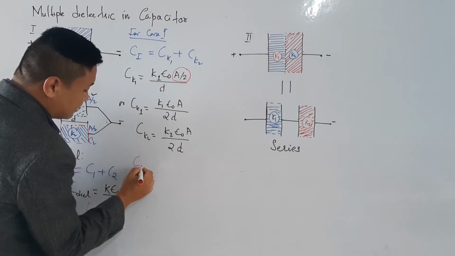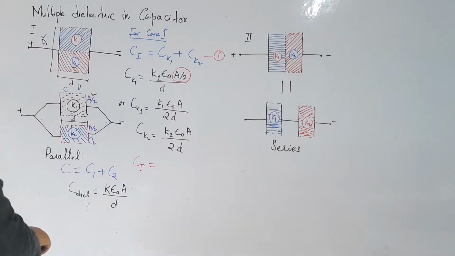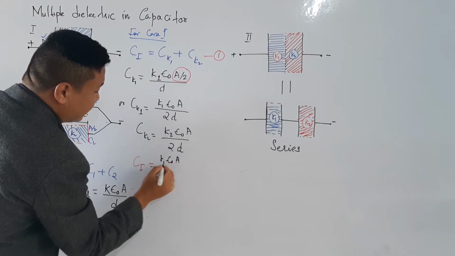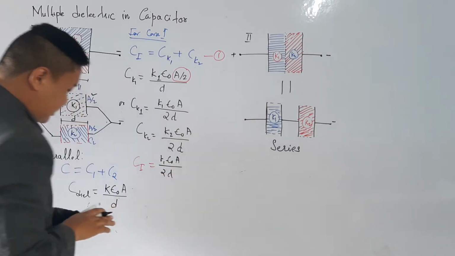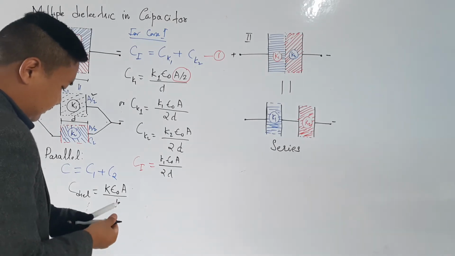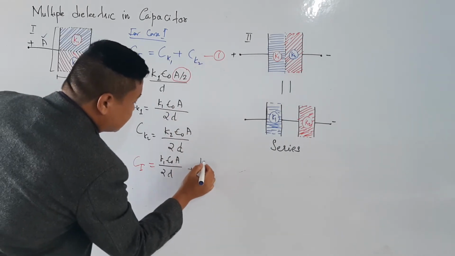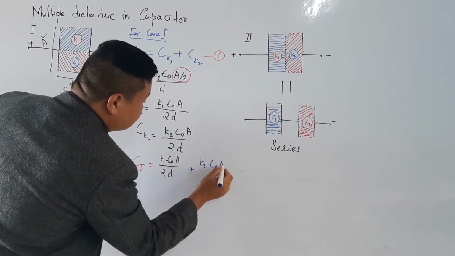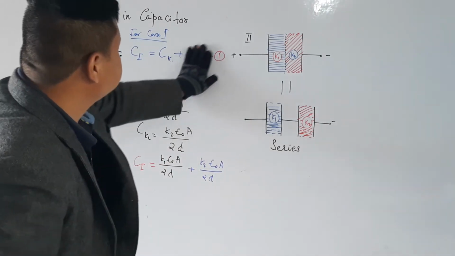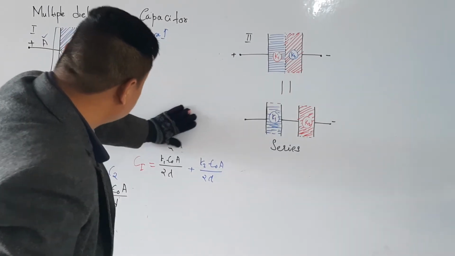Substituting, what I get is K1 epsilon naught A divided by 2D plus CK2, which is K2 epsilon naught A divided by 2D. Now you get a very interesting formula.